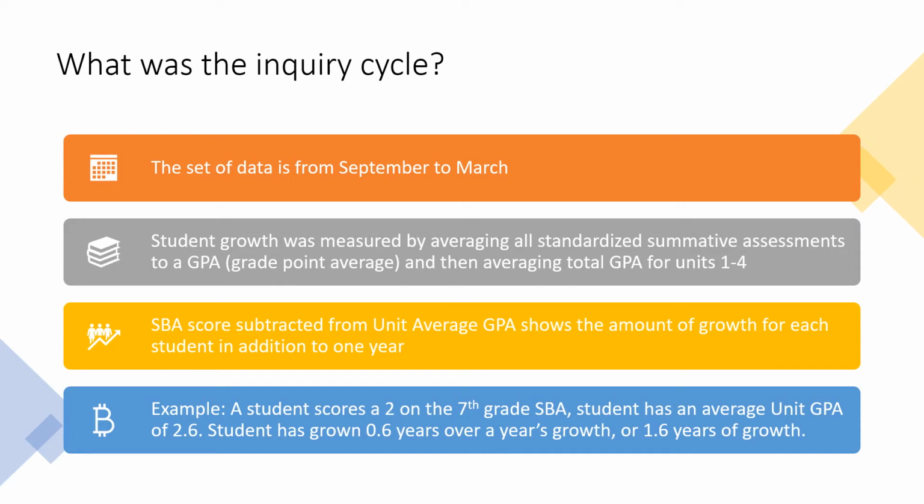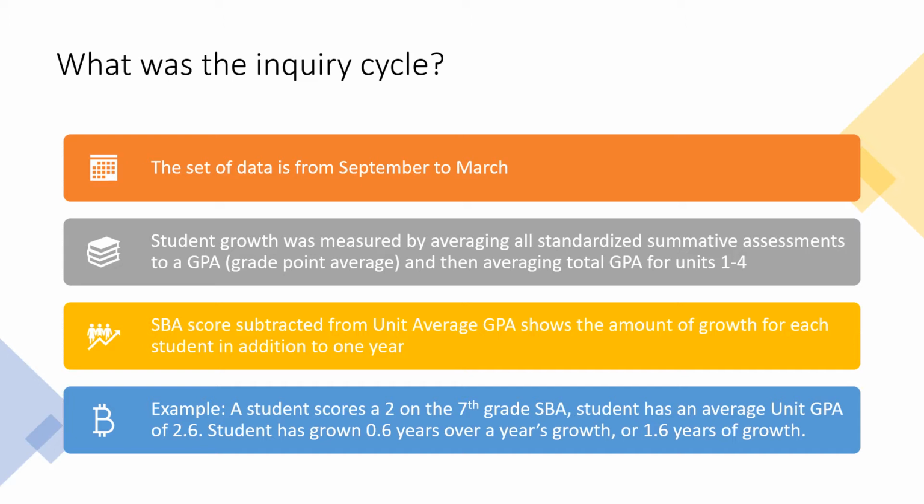That's a lot of crazy math, so let me explain it to you. Let's say a student scores a 2 on the 7th grade math SBA, and then the student has an average unit GPA of 2.6. That means if you take all the summative tests they took and average their grade, accounting for ES being a 4, MS being a 3, and so on, they would get 2.6.